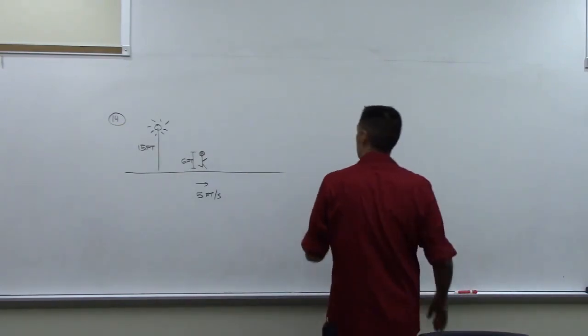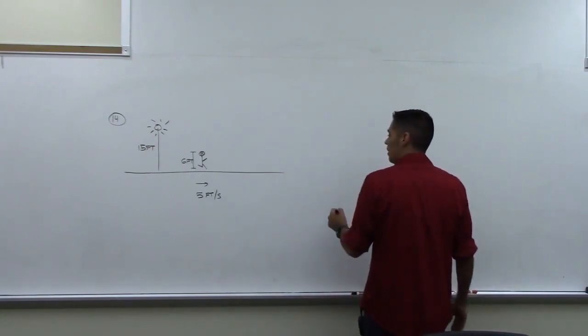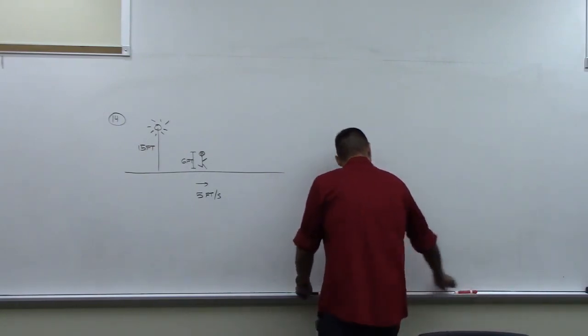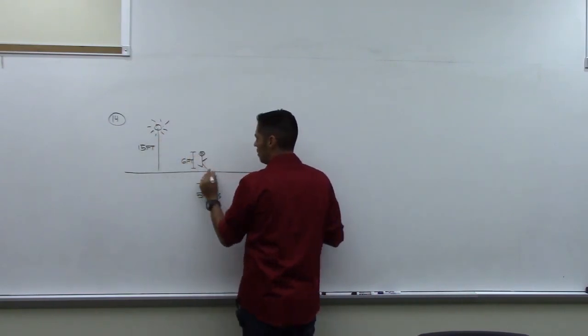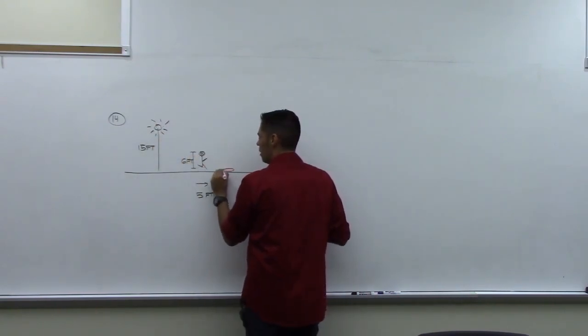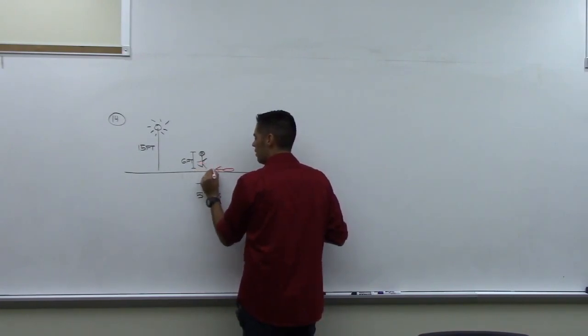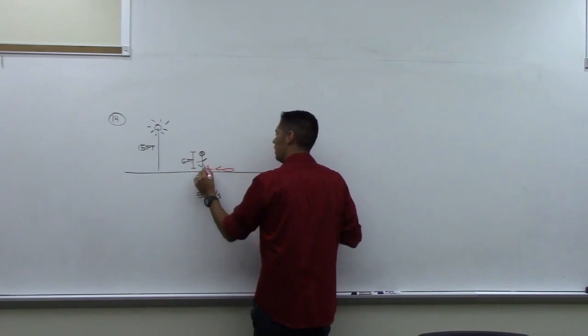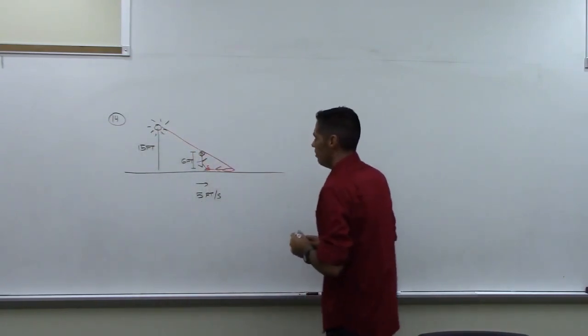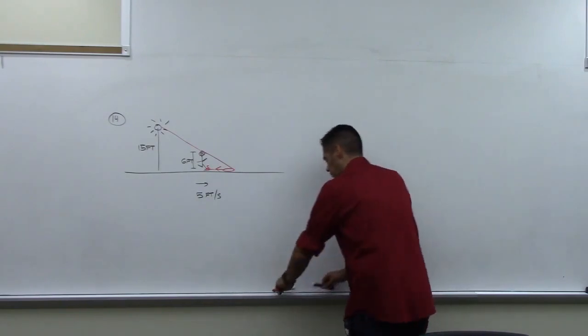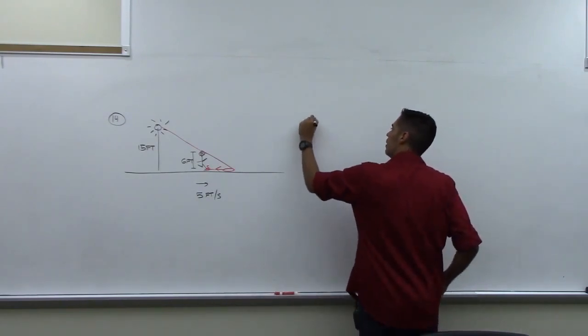So let me draw the general picture. I'm going to draw this with triangles. As the light comes down here, hits him, it creates his shadow on the ground. Here's his little shadow. Oh, he's missing an arm. Here's his shadow on the ground of him running. So the light is coming down here like that. So our general picture looks like this.